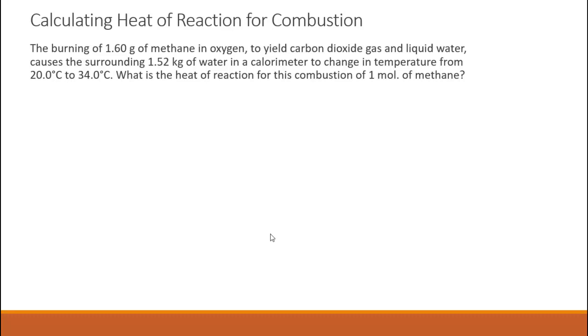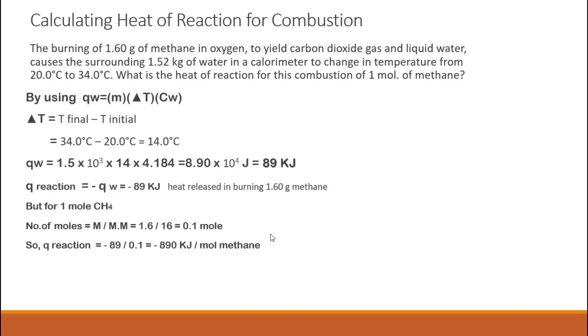Okay, let's first calculate the heat of reaction. I told you that we use the equation that heat of water equals mass delta T times the specific heat of water, Qw equals m delta T Cw. First we need to calculate delta T, the change in temperature of water, and delta T is equal to T final minus T initial. So it will be 34 minus 20 equals 14 degrees.